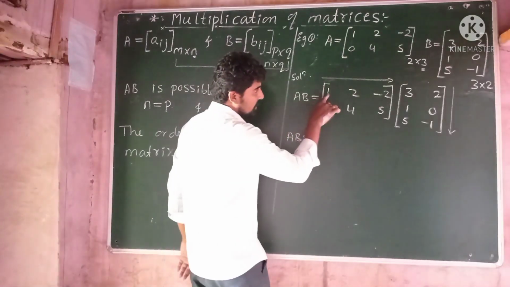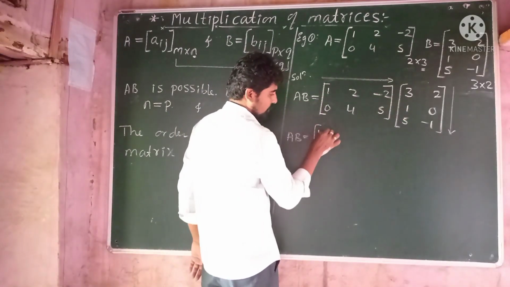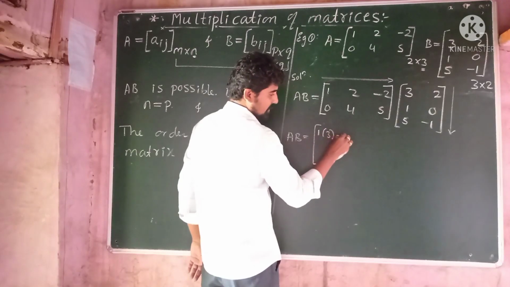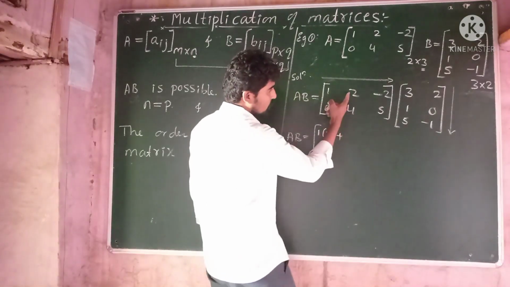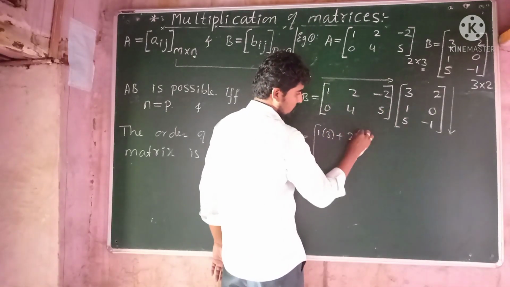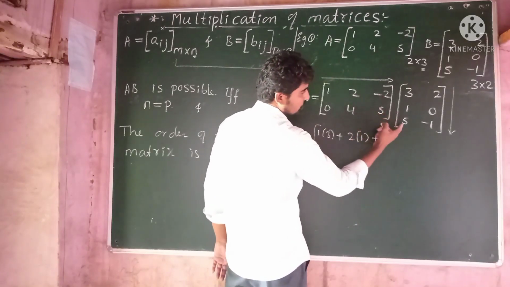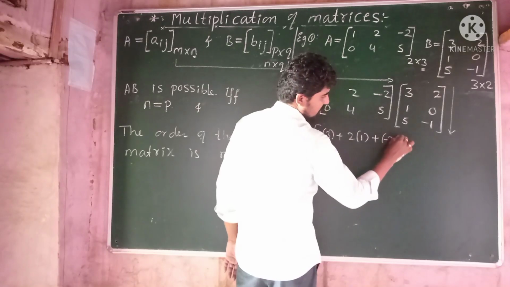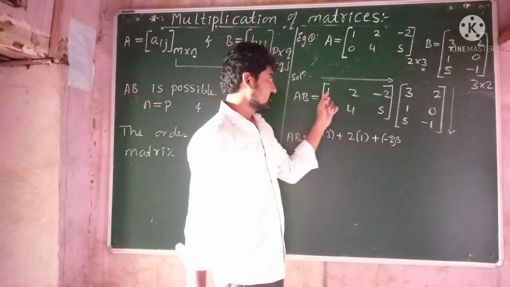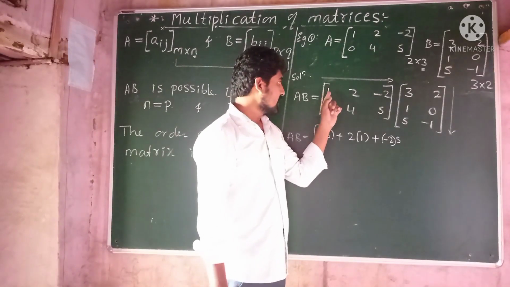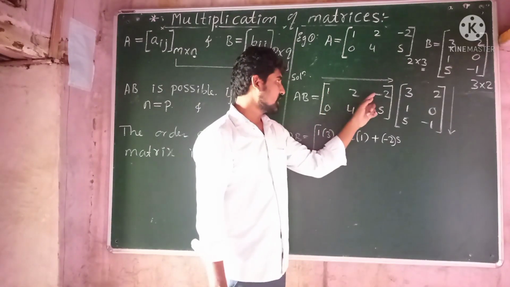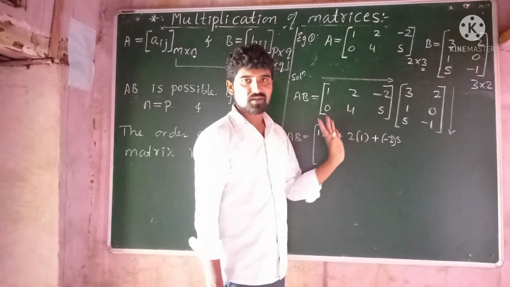That is 1 into 3 plus 2 into 1 plus minus 2 into 5. So we completed multiplication of the first row elements with the first column elements.